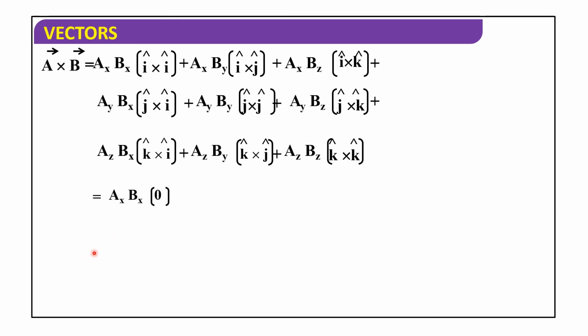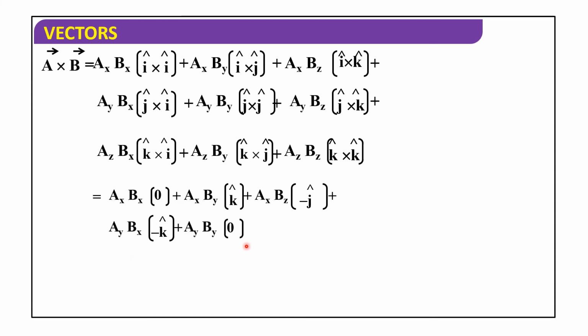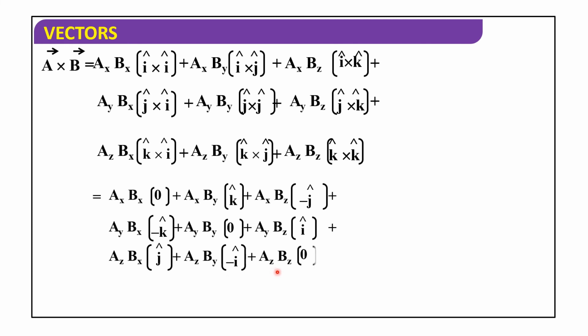So that is equal to ax bx of 0 plus ax by of k cap plus ax bz of minus j cap plus ay bx of minus k cap plus ay by of 0 plus ay bz of i cap plus az bx of j cap plus az by of minus i cap plus az bz of 0.